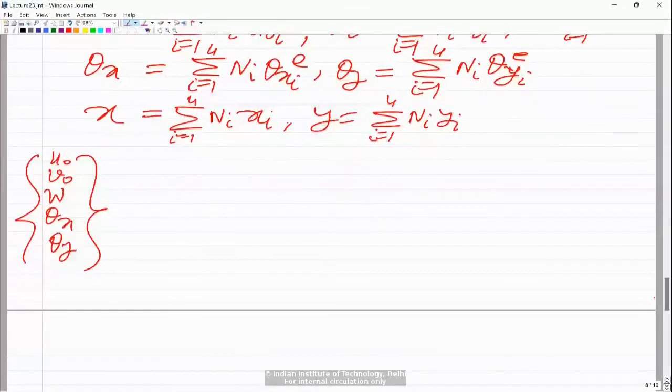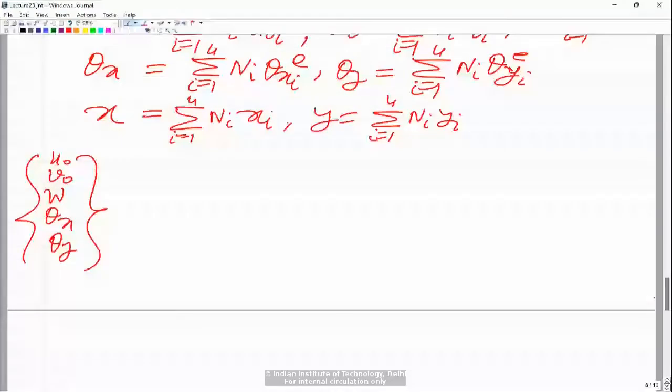See, in 3D we had only 3 variables u, v, w, but those were functions of x, y, z, all the 3 coordinates. So now we have converted that 3D problem into a 2D problem, but we now have 5 unknowns which are all functions of only x and y. So z coordinate is eliminated. We have taken the linear variation of u and v along z. That is why we have the 5 degrees of freedom in this case.